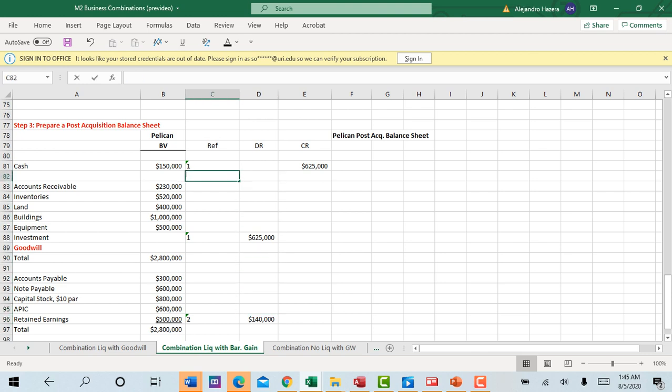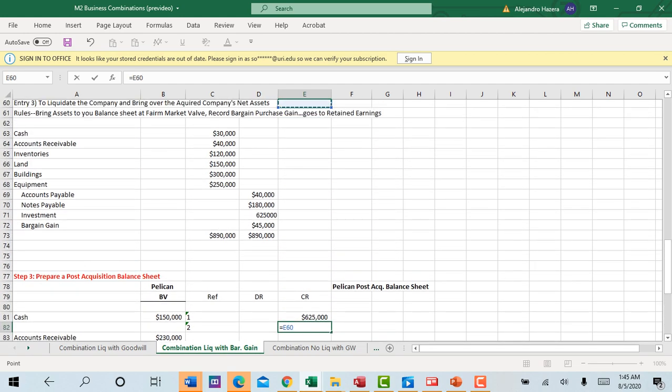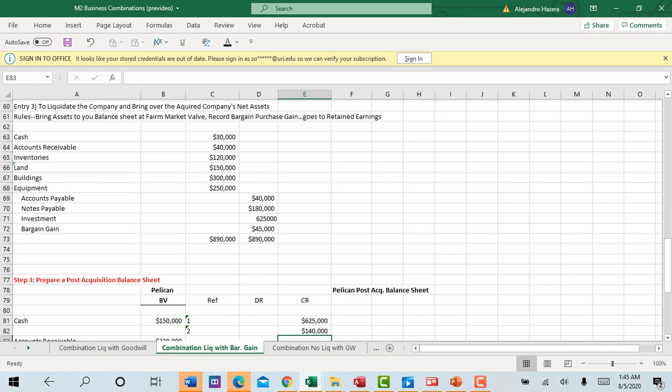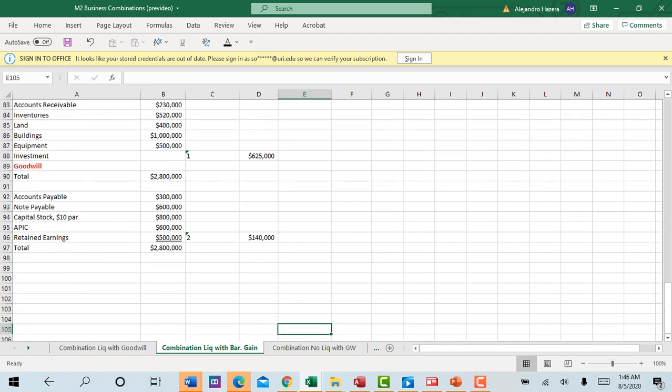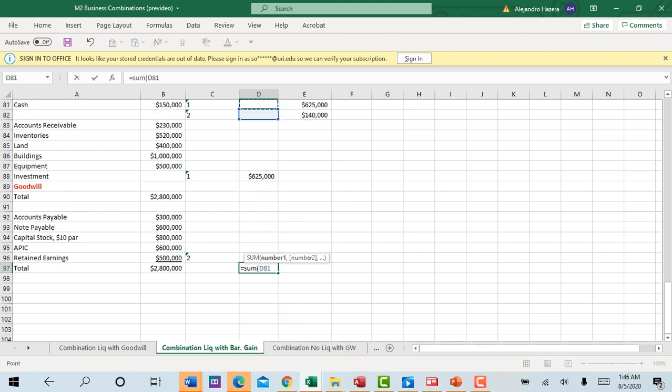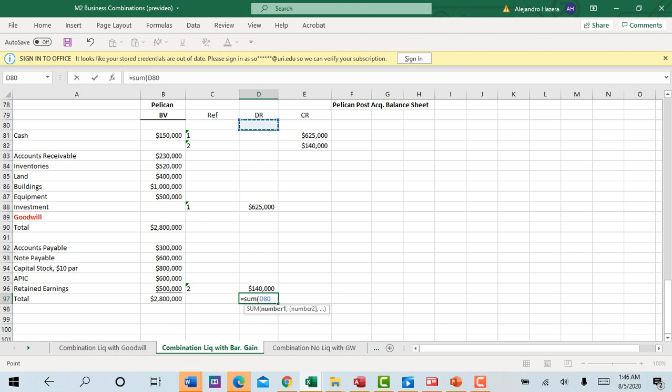So in entry 2 here, we're going to have a credit to cash for 140,000. Okay, so we've posted those 2 entries. And I'm going to go ahead and just sum these things up. So I want to make sure that as I go through these, I'm at least putting in the right amounts. My debits equal my credits. Kind of important point. Okay, so 675.